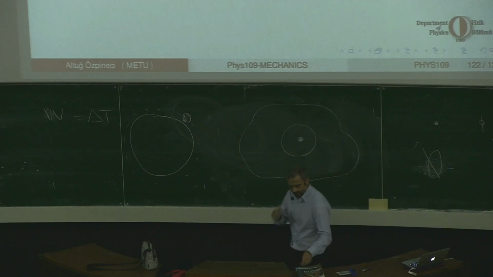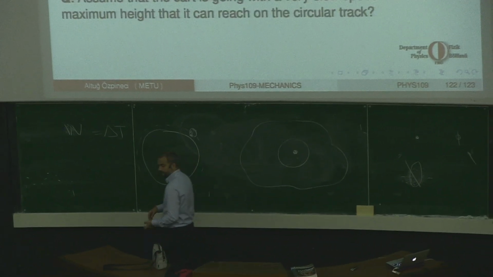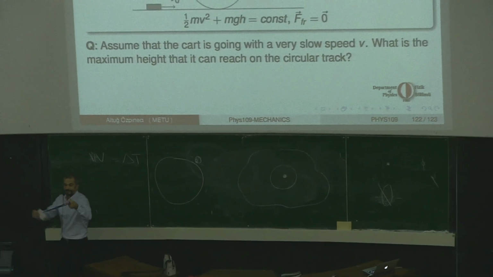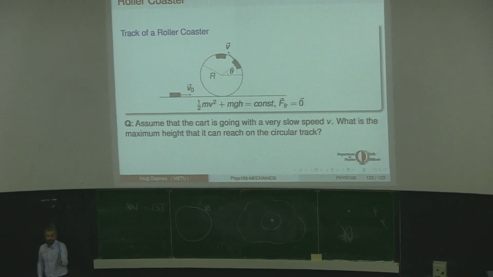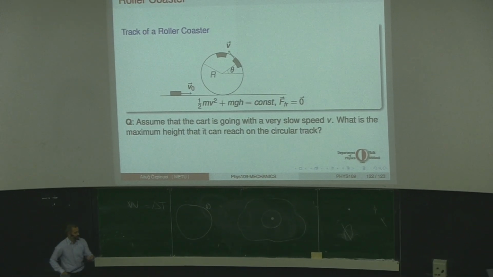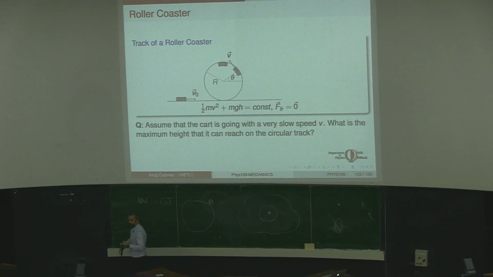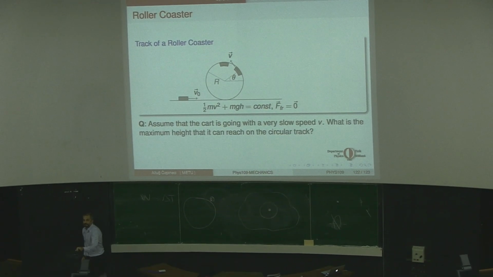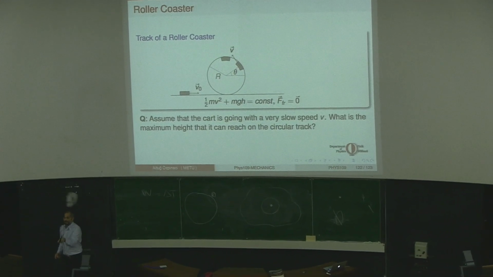Okay, now let's go back to our example. The question is this. Just imagine we have this mass. It is making rotational motion on the vertical plane, not the horizontal plane.